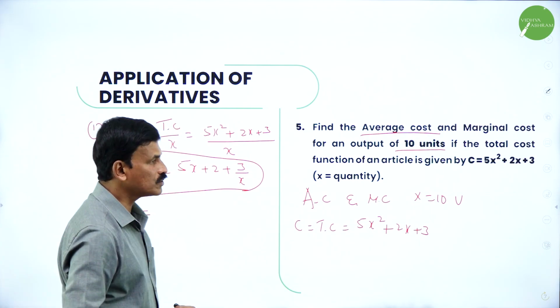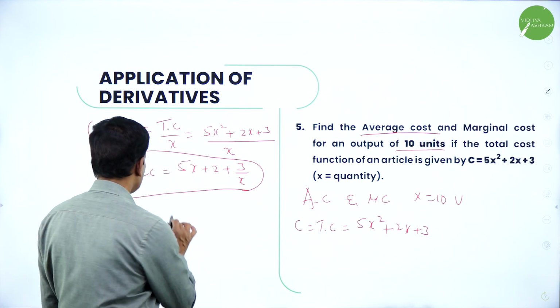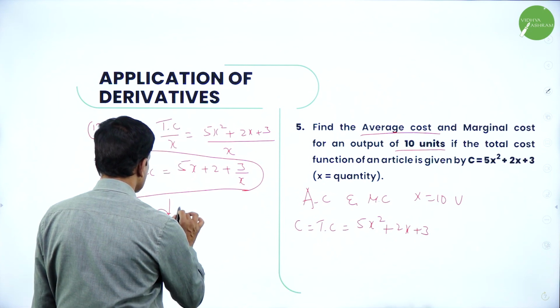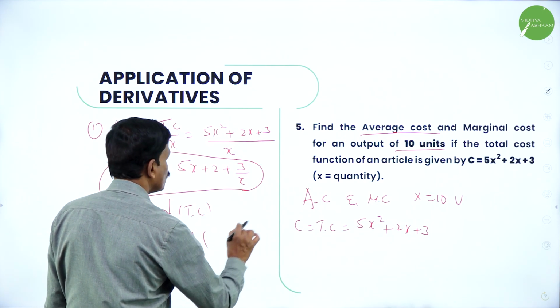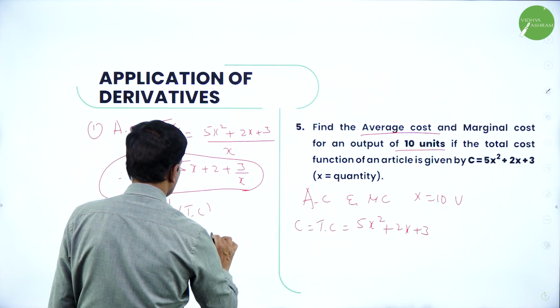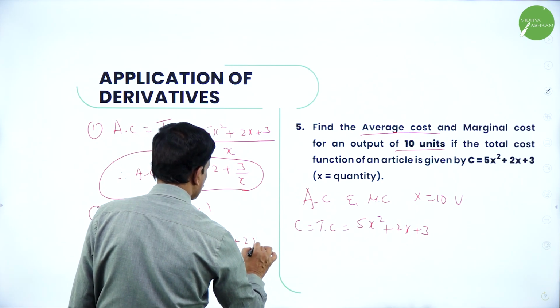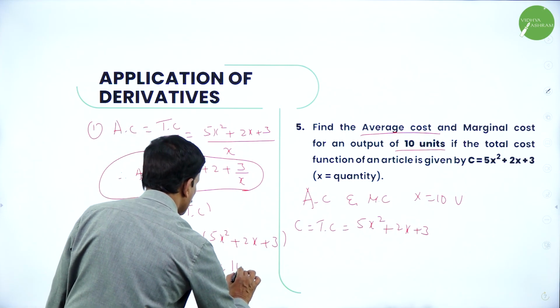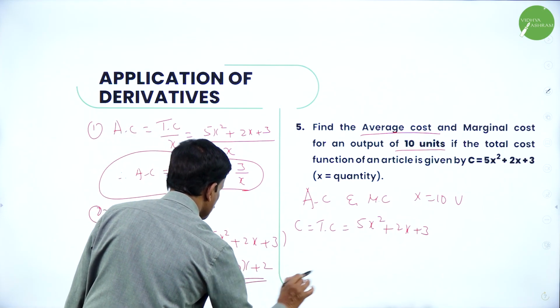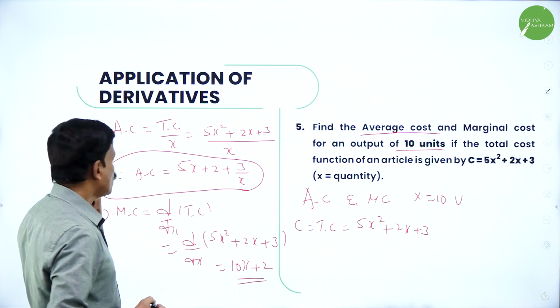Next, second one, marginal cost, MC. Marginal cost is equal to d by dx of TC, that is d by dx of total cost, 5x square plus 2x plus 3. So differentiation of x square is 2x, 2 into 5 is 10x, plus differentiation of 2x is 2. 10x plus 2 is the marginal cost.